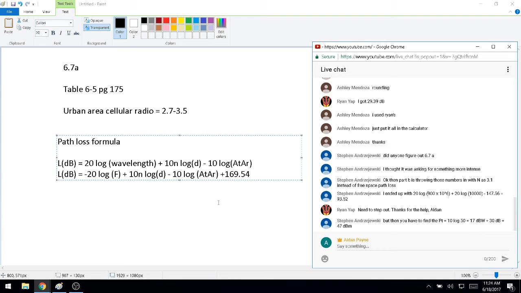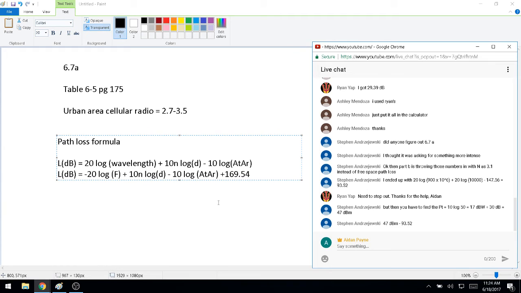Alright, Steven says, I ended up with 20 log 900 times 10 to the 6th plus 20 log. Yeah, Steven, that looks absolutely correct to me.